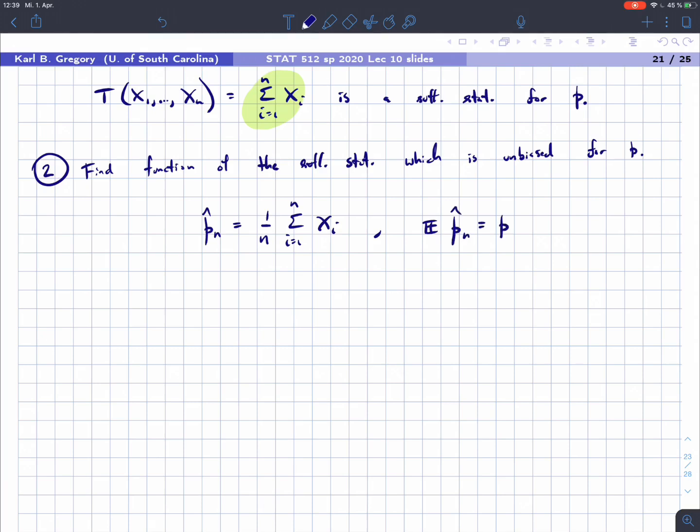And we know that that was an unbiased estimator of P. So this is unbiased for P, and it's a function of a sufficient statistic.